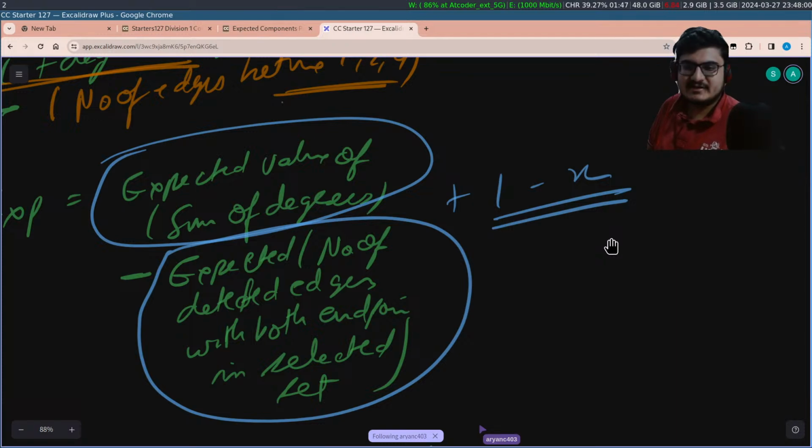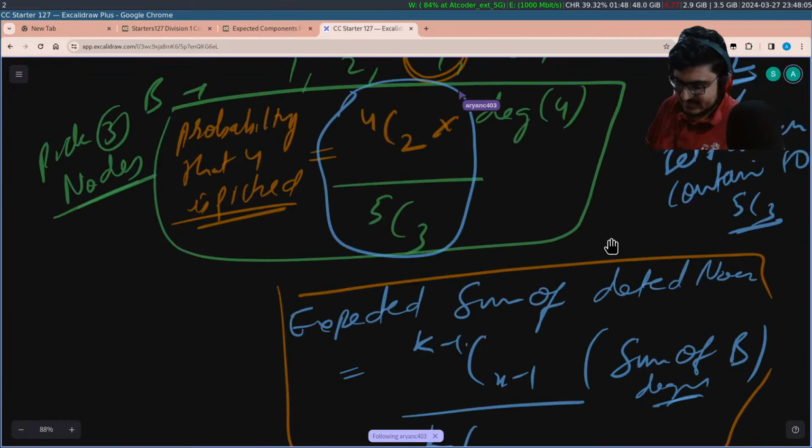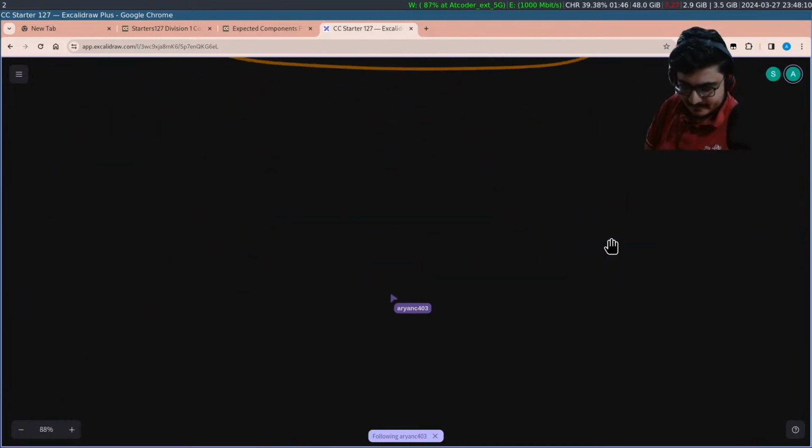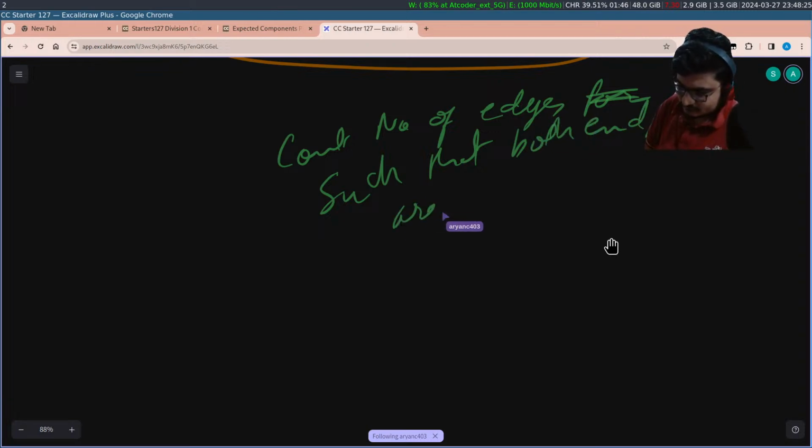And now I also need the expected number of deleted edges which have both the endpoints in the given set. The next idea is also the same. I first count the number of edges which have both the endpoints as black ones.